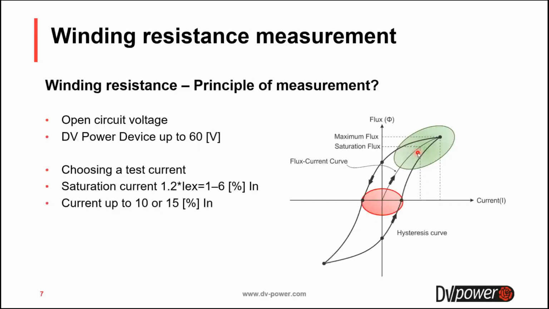To avoid the red area, we can use a simple rule. We need to choose a current from 1 to 6 of the nominal current of the rated windings, but we must pay attention that we don't choose a current above 10 or 15%. 10% is a recommendation by IEC. The 15% is a recommendation by the IEEE standard.